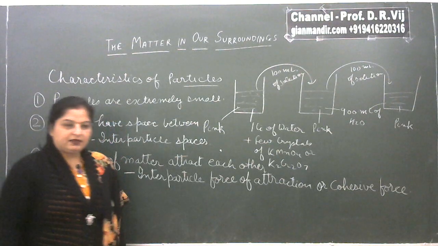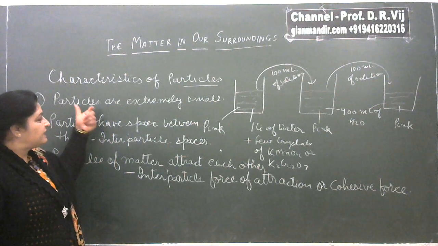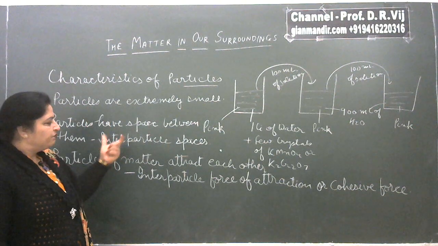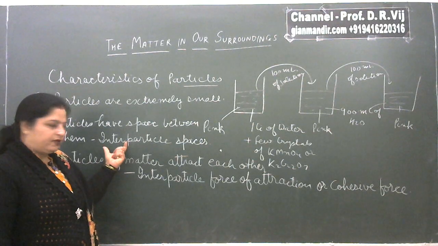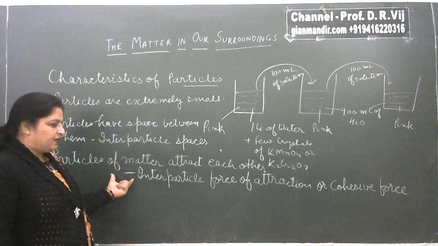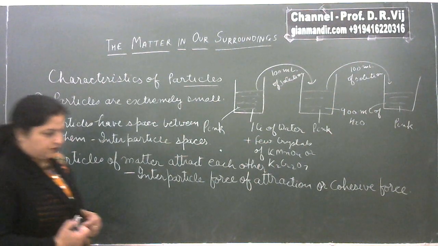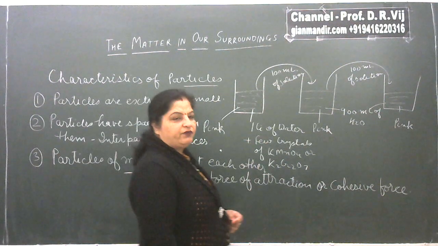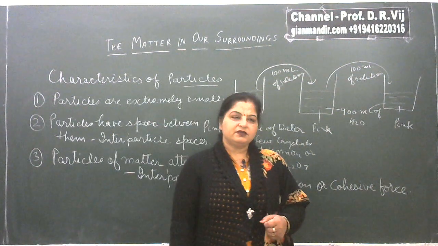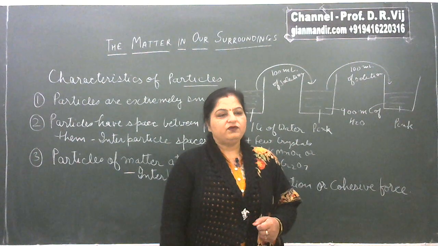So all these particles of matter which are extremely small in size, that have got space between them, also attract each other. In some cases this force of attraction is very strong, in some cases it is weak.